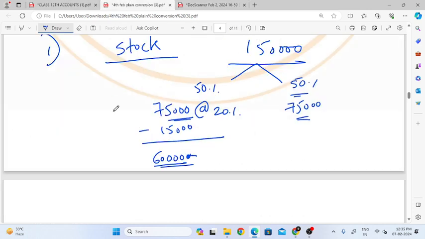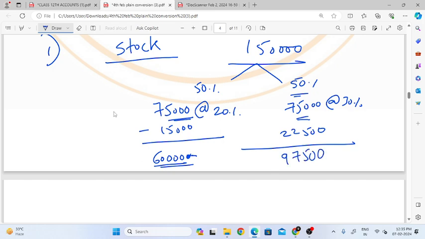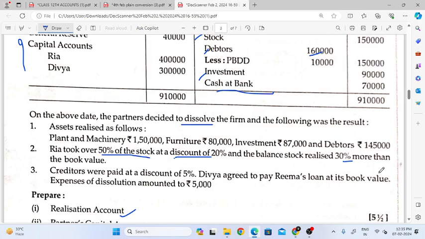So 30% more than the book value means we have to add 30%. So 75,000 multiplied by 30% comes to 22,500, and we have to add it. So 75,000 plus 22,500 comes to 97,500. So this 97,500 is realized.